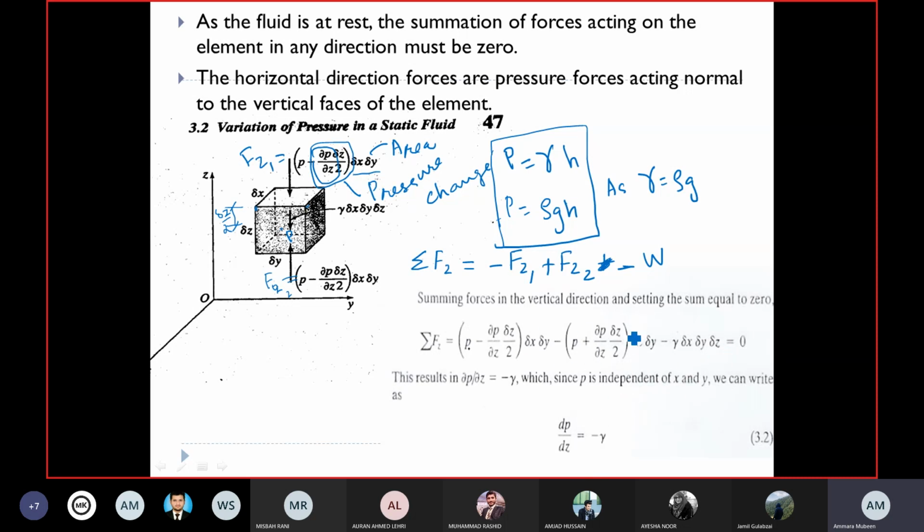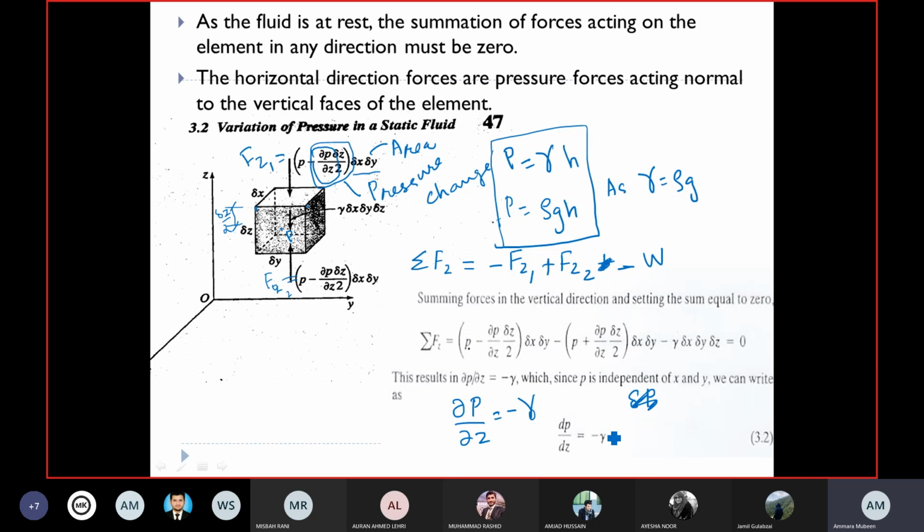So after simplifying the above equation, you'll get this expression: partial p over partial z is equal to minus gamma. So this would be left after simplifying this equation. You may do it by yourself, and then you'll understand how it is simplified to this.